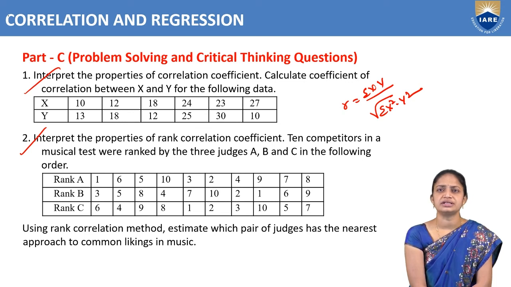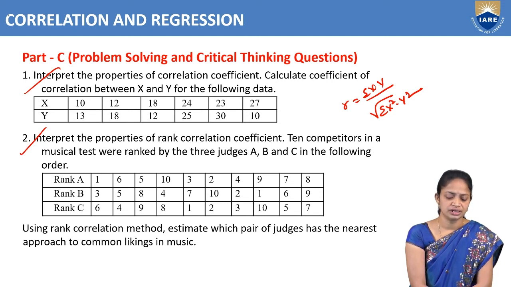Ten competitors in a musical test were ranked by the 3 judges A, B, C in the following order. Here they have given rank A, rank B, rank C. Use the rank correlation coefficient to estimate which pair of judges has the nearest approach to common linking in music.